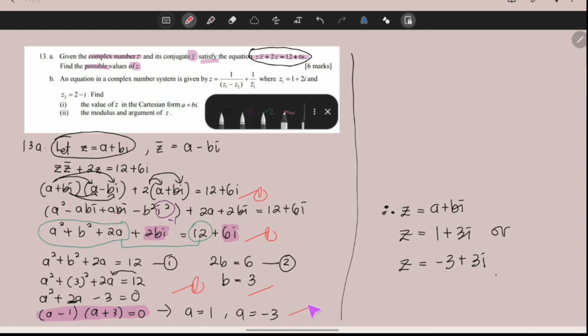You have your values of a and b, 1 mark. And you have the values of your z, 1 mark, and 1 mark here. It might be that these marks are combined to get 1 mark only, or another 1 mark might be given to you for this rearrangement. So that's a total of 6 marks.